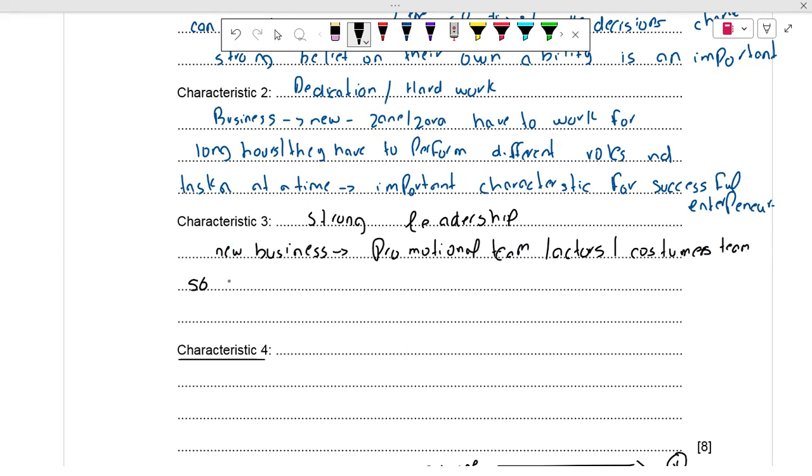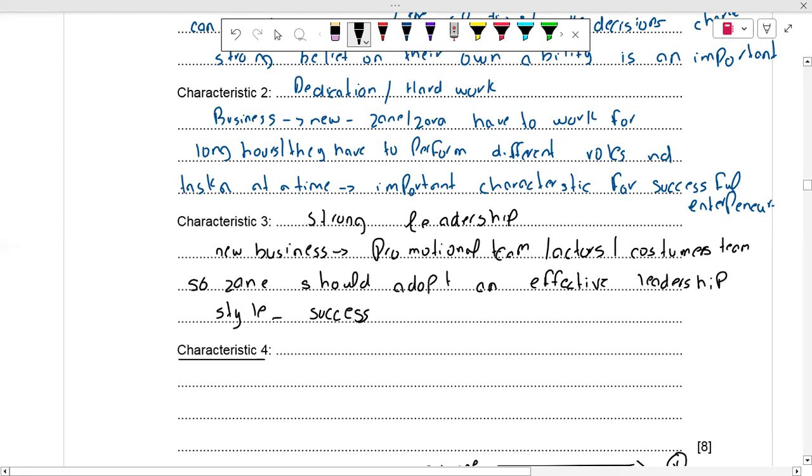So Zen should adopt an effective leadership style. It is also important for the success of an entrepreneur.